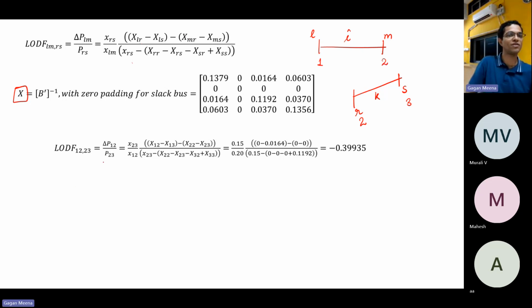Now we can just substitute all the values. We already know x23 by x12. Here it is diagonal, so x23 will come here. The first index corresponds to the line which we are monitoring, which is 1 2, so we make it x12.